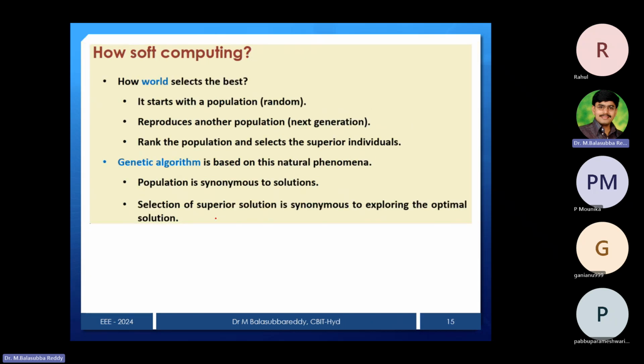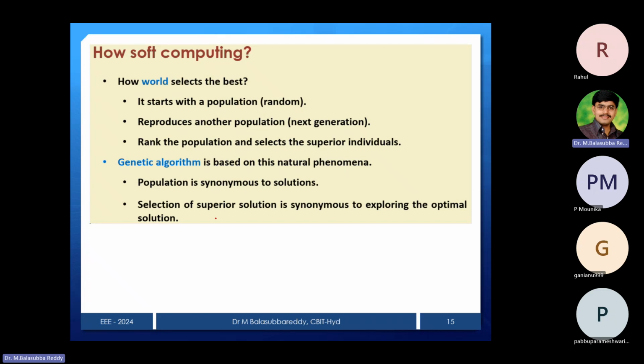And another one: how the world selects the best. It starts with a population randomly and reproduces another population in the next generation, ranks the population and selects the superior individuals. The genetic algorithm is based on natural phenomena. The population is synonymous to solutions.